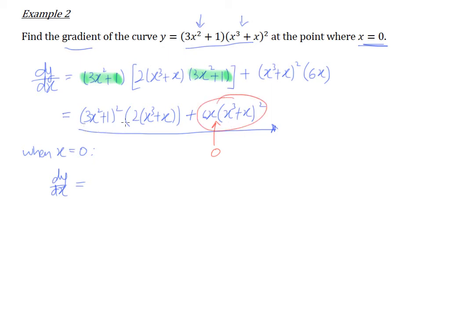Similarly over here you have a 0 plus a 0, which will be a big 0, and this 0 multiplied by a 2 is also another 0, and 0 multiplied by anything is 0. So in this particular example, it's a very interesting number that we have. This is a 0 plus a 0, so the dy dx is actually 0, which means that at this particular point, the gradient of this curve is actually flat, 0. Alright.